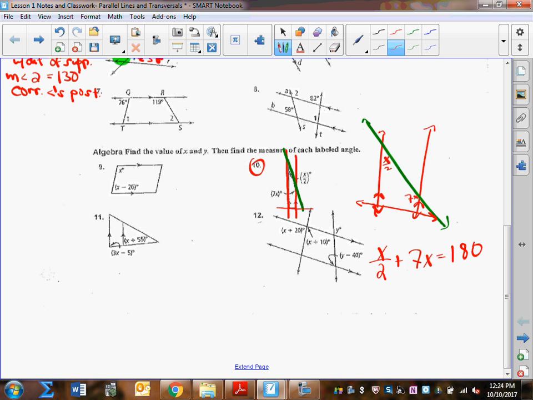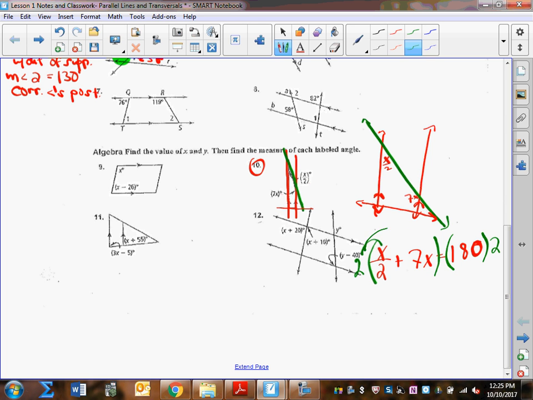Now, sure, we could go ahead and combine those together. We'd have to get a common denominator. We can certainly do that. But probably a little bit faster is just going to be simply to get rid of that denominator too. How do I get rid of a denominator? Let's multiply by that denominator on both sides. Now be careful, I'm still seeing this mistake from you guys, this algebraic mistake.